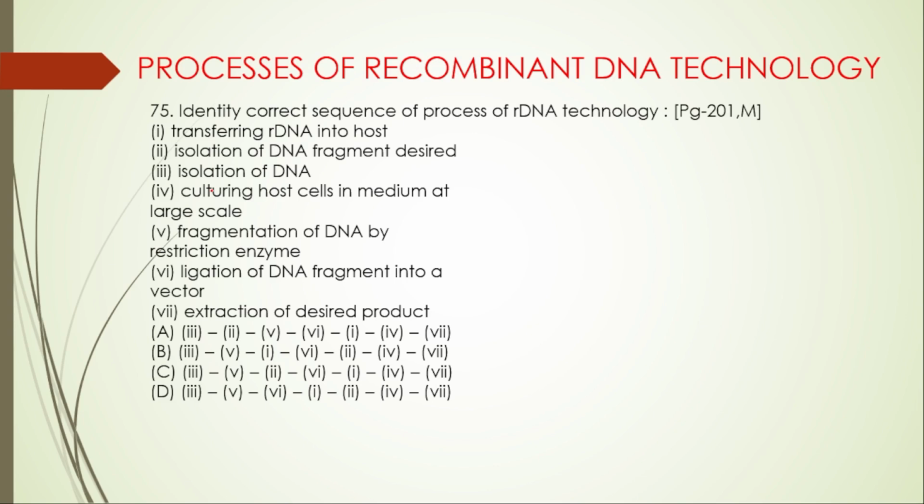Next questions are from the processes of recombinant DNA technology. Identify the correct sequence, 75th one, of the process of rDNA technology. First, there will always be isolation of DNA. I will write it separately so that we can go through it easily. First, isolation of the DNA.